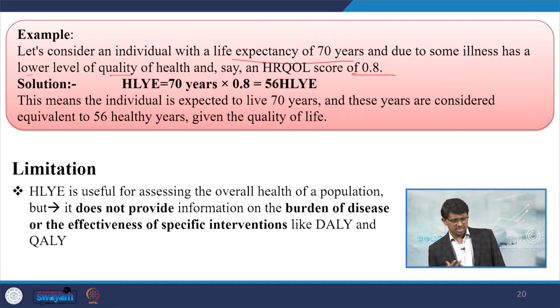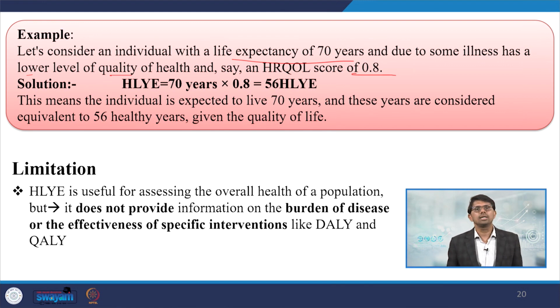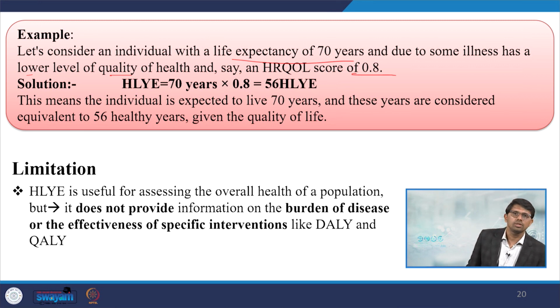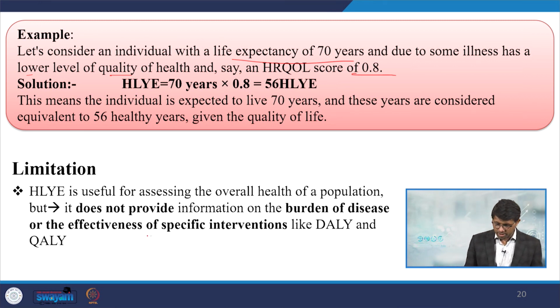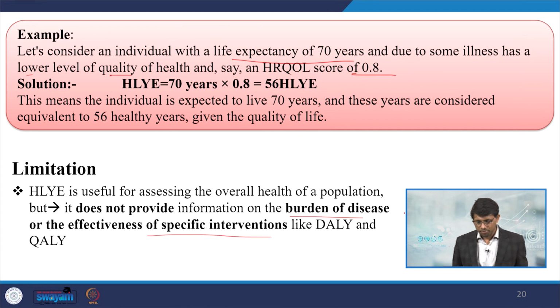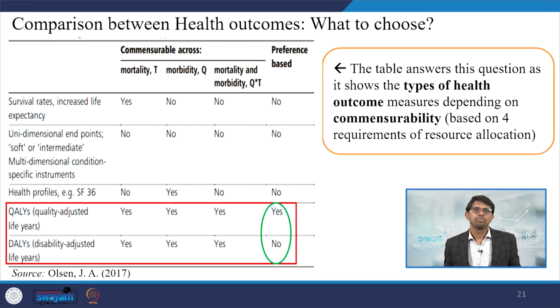This has limitations: it is too simplistic, and predicting healthy years is very difficult. HLYE is useful for assessing the overall health of a population, but it does not provide information on the burden of disease or the effectiveness of specific interventions. So, it does not provide what DALY and QALY do.